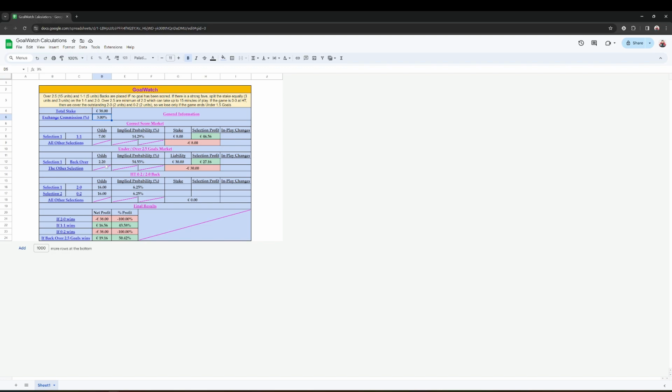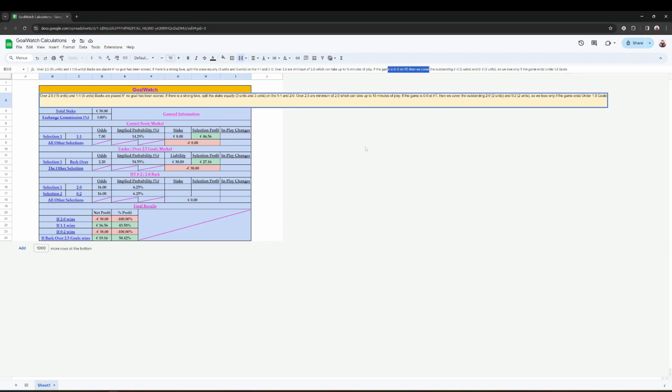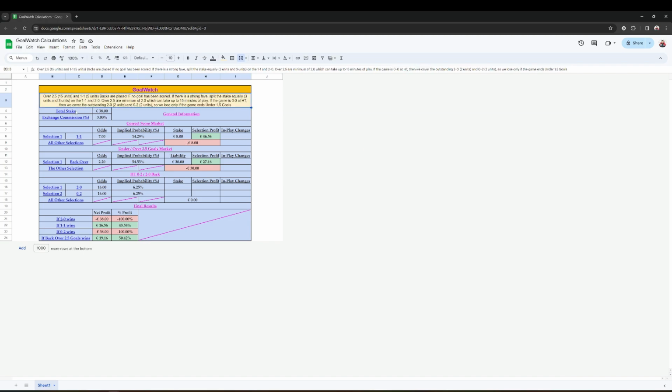Yeah. But there is also an important point in this GoalWatch strategy, and it is that if the game is 0-0 at half time, I have it mentioned here, the recommendation is to cover 2-0 and 0-2 for a very small stake.